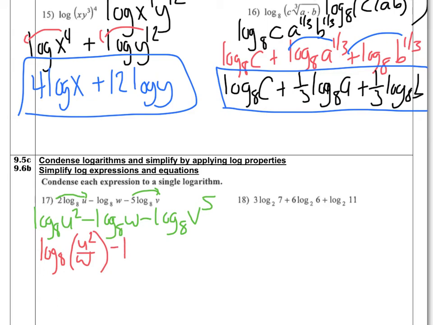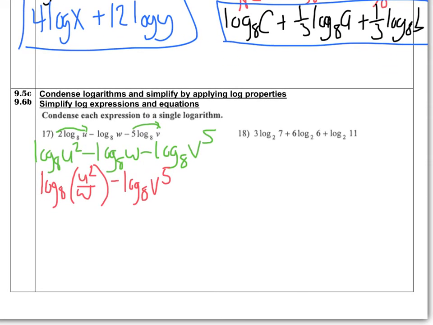And then I'm just going to keep this other part here for a second, v to the 5th. Now to combine this together, I'm going to take this and divide this. Let me show you one way you can write it. Log base 8, this is going to be u squared over w. Now be careful, it would be divided by the v to the 5th power.